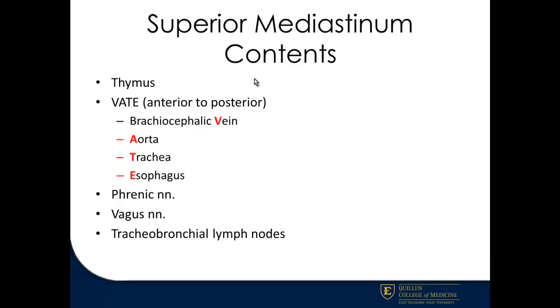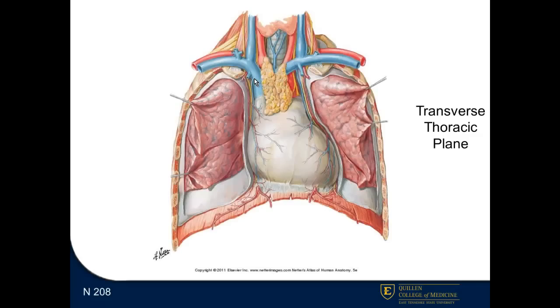We're also going to discuss the nerves that travel through the superior mediastinum, the phrenic nerves and the vagus nerves. And then we'll end with lymphatics, specifically the tracheobronchial lymph nodes. Here you see an anterior view of the thoracic cavity. The chest wall has been removed, as well as the anterior parietal pleura, more specifically the anterior costal parietal pleura.